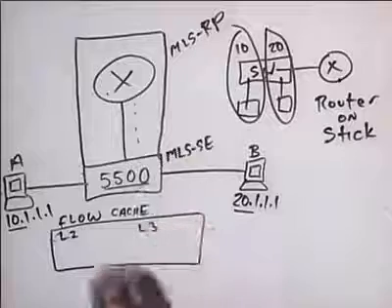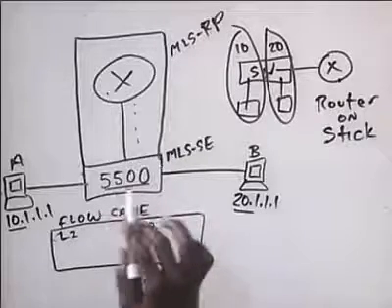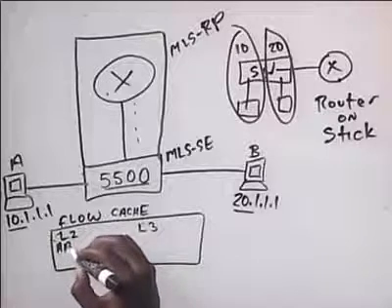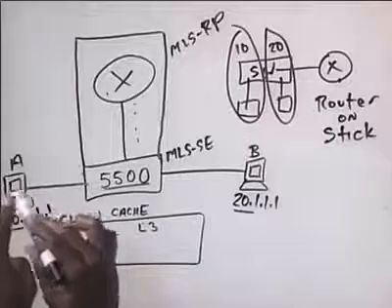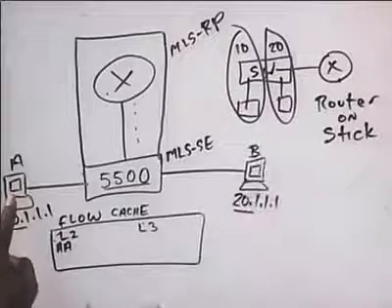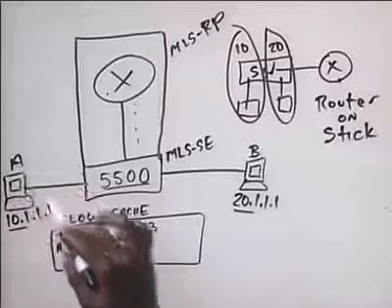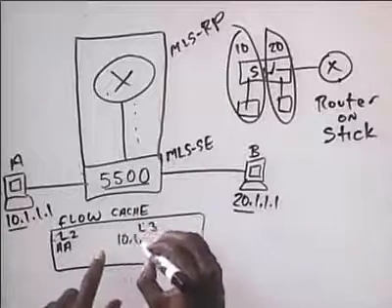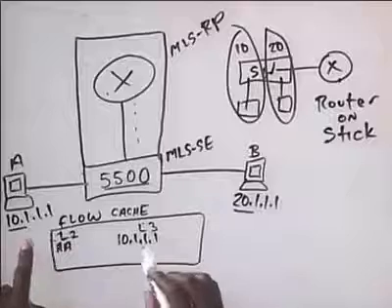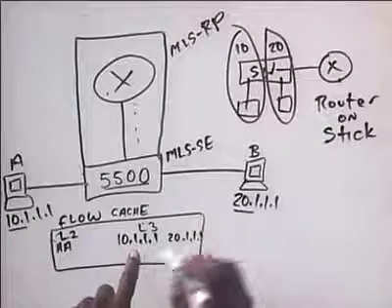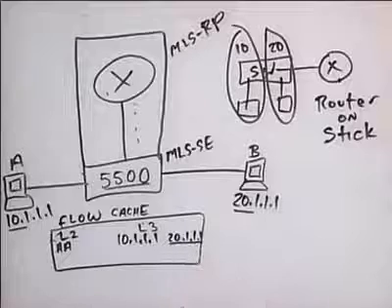The switch establishes what's called a flow cache. So basically, it records the layer 2 information coming from this source MAC address going eventually to device B here. Coming from that source going to, so 10.1.1.1 for the layer 3 source address, and then 20.1.1.1 going to that as a destination address.